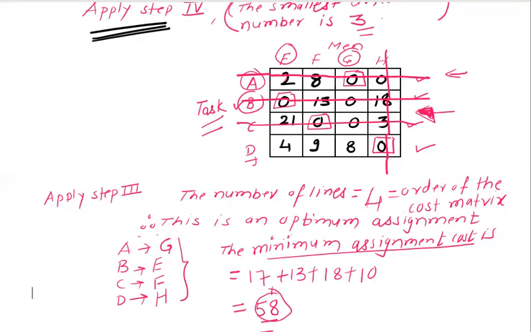That means when we assign these four tasks to these four persons G, E, F, H in this manner, the cost of assignment, that is the minimum time required to complete these four tasks. So we will assign task A to the person G, task B to the person E, task C to the person F, task D to the person H. In that case, the minimum time will be required to complete these four tasks.